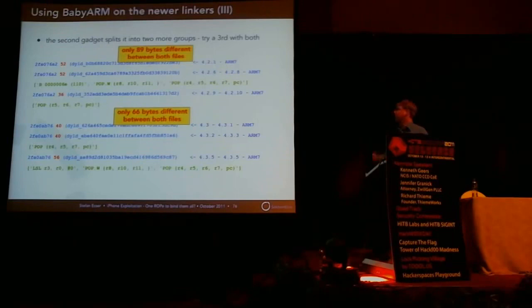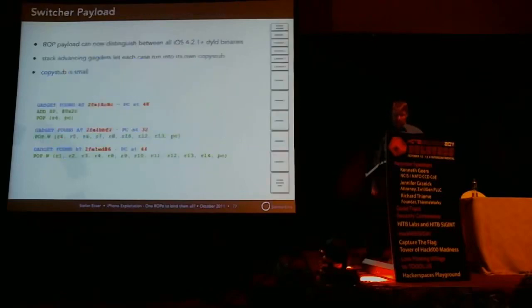So basically what we have now is one ROP payload, and in the beginning we put the first distinguishing gadget, then at the right position the next one, and so on. The position where we have to put it we know from the red numbers, and then we can build it. And this would be then what I call the switcher payload.